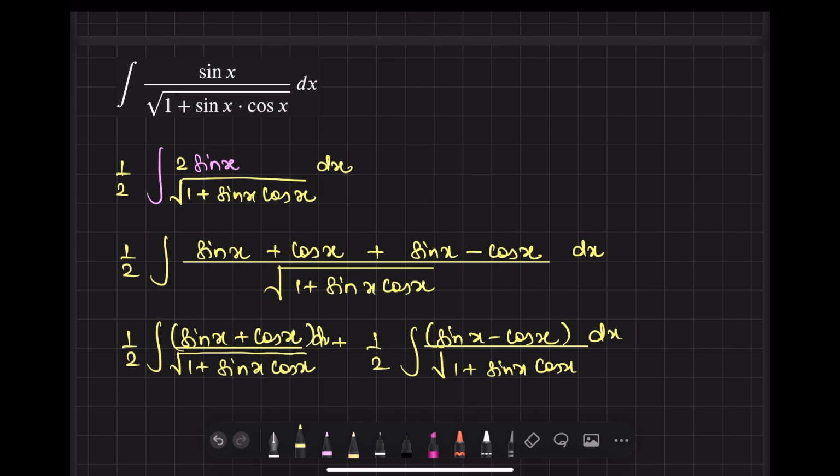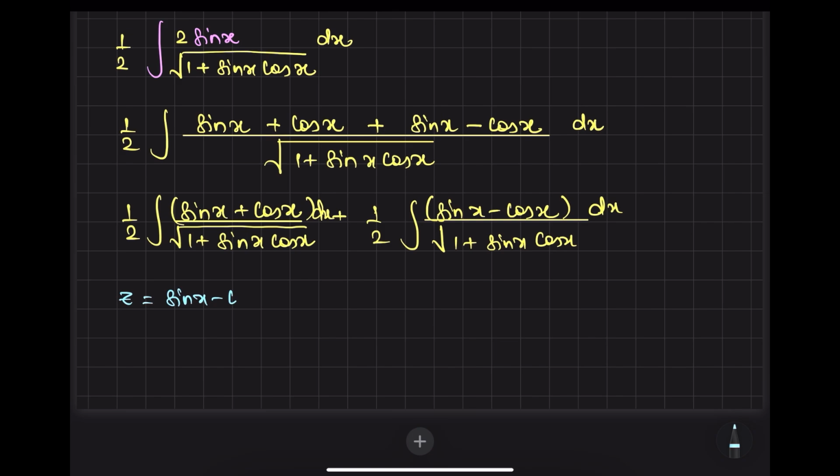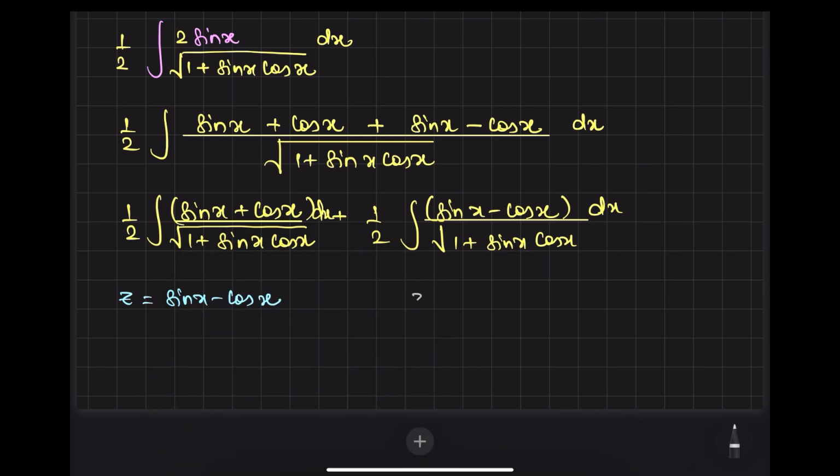I hope from here you can proceed. You know that in this case you will be taking sin x minus cos x as z, and in the next case, you will be taking a different variable. Suppose it is y. So sin x plus cos x, and you can respond accordingly.